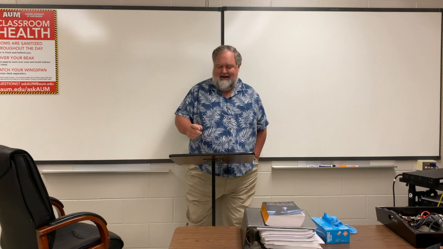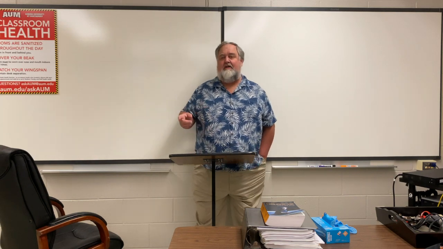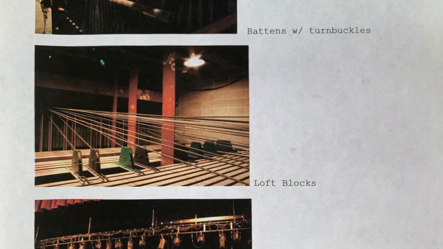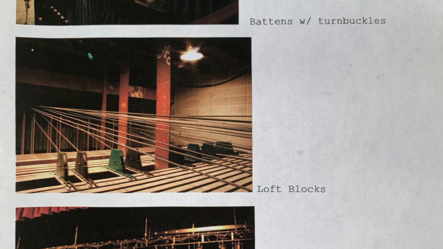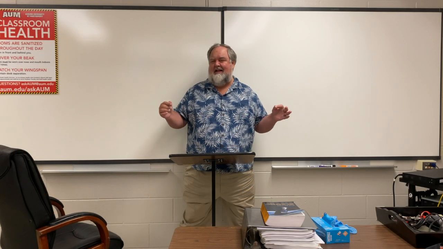So it's a little bit of adjustment that can be made to each of the batten sizes, right and left and center. Usually for a 30-foot, 40-foot batten, you're going to have what are called 5 pick lines. Now, the weight that each pick line carries will vary depending on where it is in the system. It is not divided evenly. The middle pick line picks up about 1/3 of the weight of the entire line set.